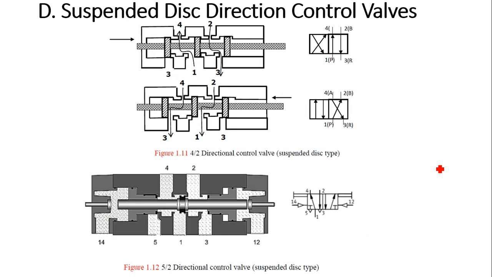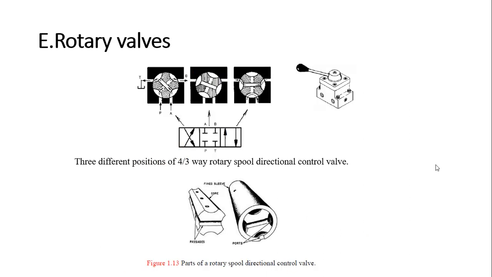Suspended disc type is also used but not much. This is the rotary valve. You can see the diagram. This is the lever type rotary valve, wherein these are the different positions.